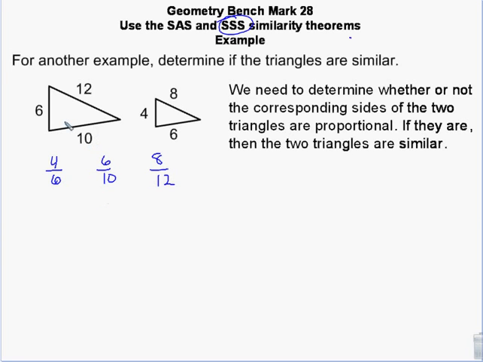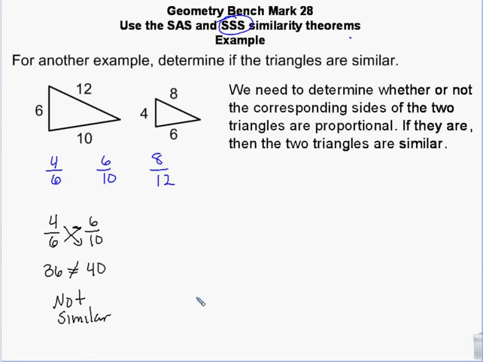Okay. So we'll do the first one, which will be the 4 over 6 and 6 over 10. And cross multiply that, and I get 36 and 40. These are not equal. Already I know that the triangles aren't similar. So I'm going to go ahead and write not similar.